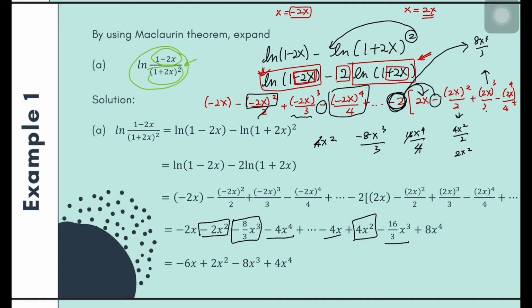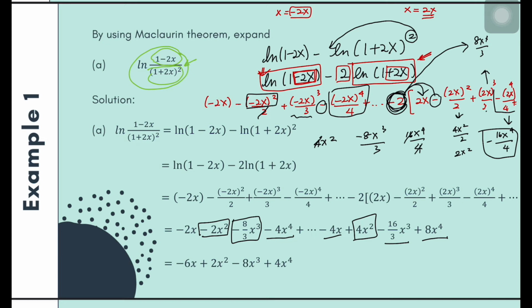And the last one, you will have 2x to the power of 4, which gives 2 times 2, 4, times 2, 8, times 2, 16x to the power of 4 over 4. You have the minus sign here, and negative 2 multiplied by this one will give you positive 16 over 2, x to the power of 4, so positive 8x to the power of 4.